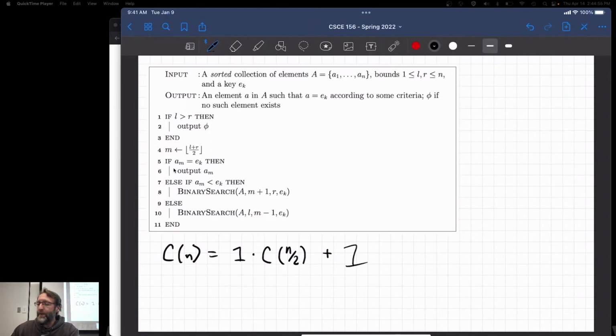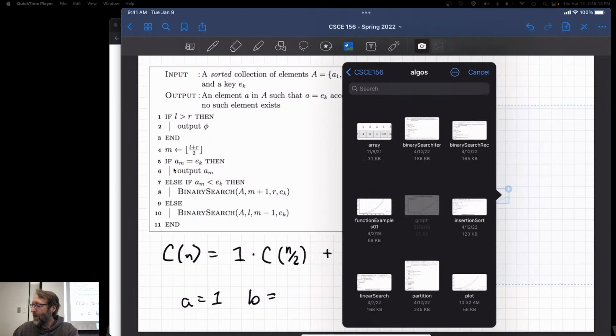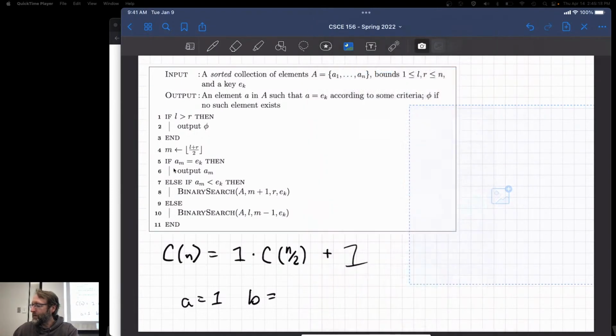Why? Because of the master theorem. What is my a in this case? 1 recursive call. What is my b? Let's bring up the master theorem again. There we go.